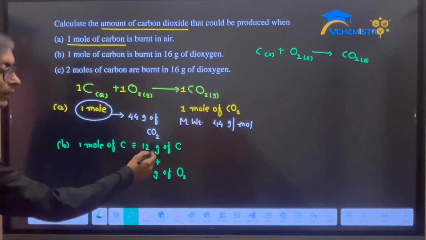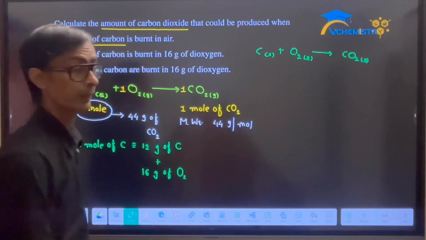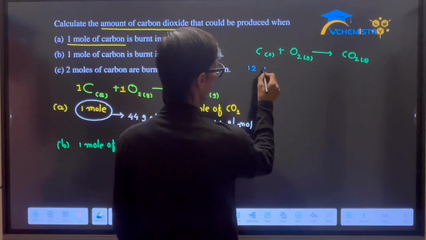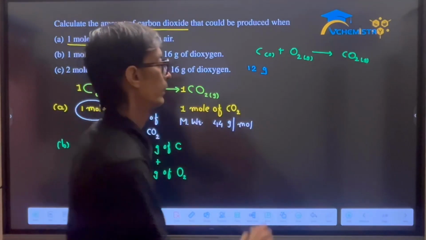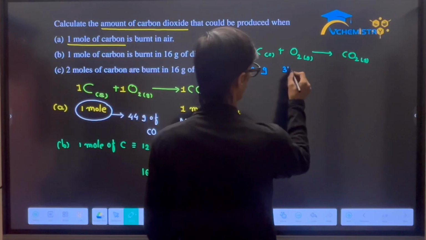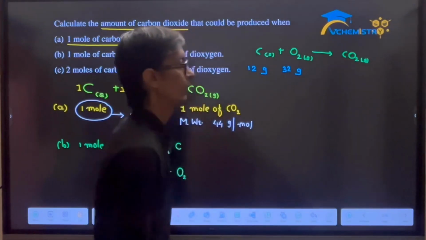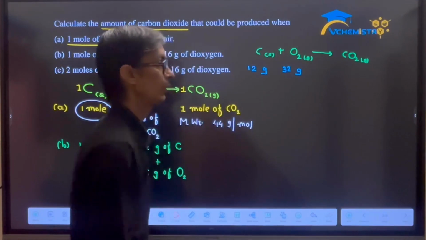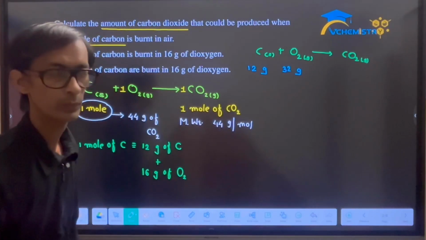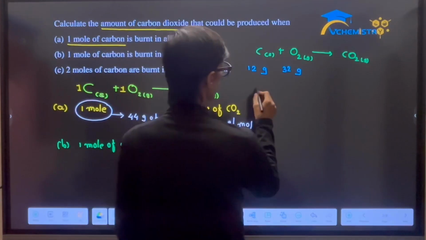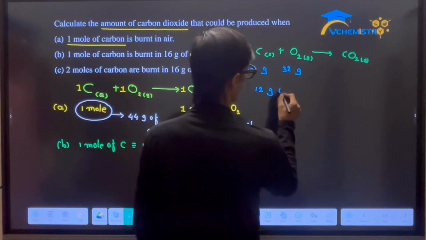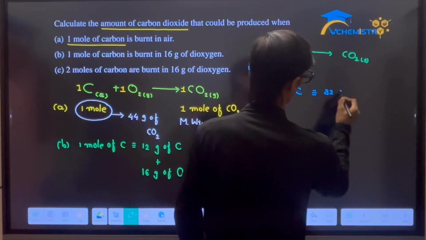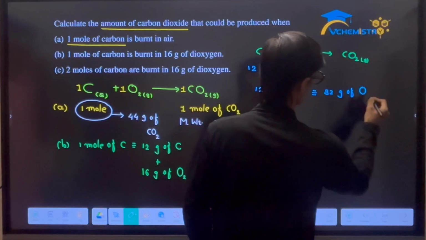According to gram, we will write the ideal statement. 12 gram of carbon reacts with 32 gram of oxygen: 1 mole of carbon is 12, 1 mole of dioxygen is 16 into 2, that means 32 grams.